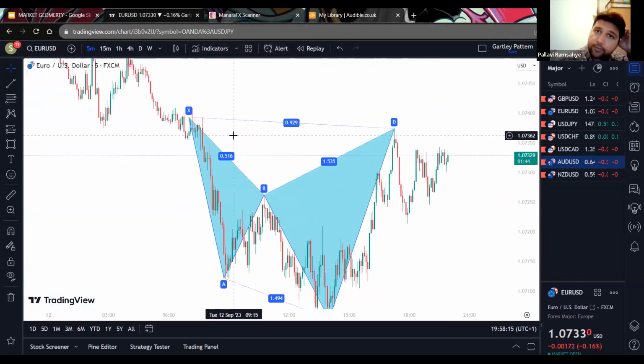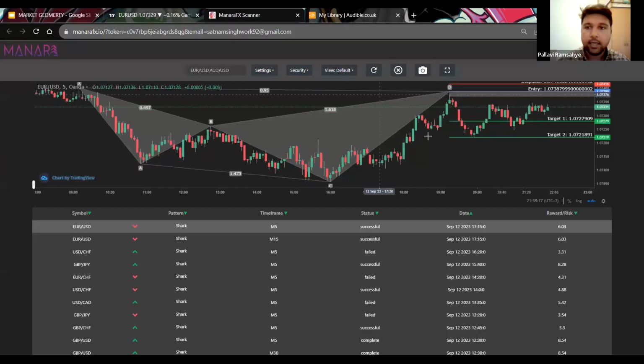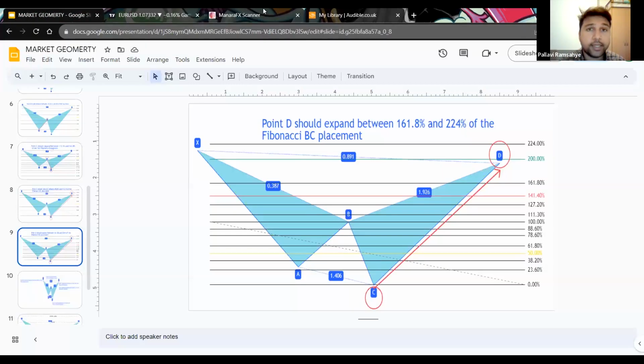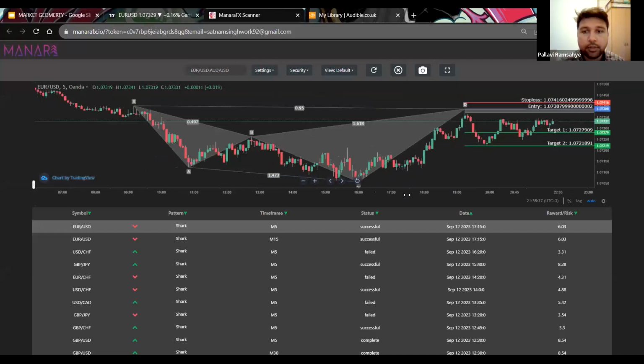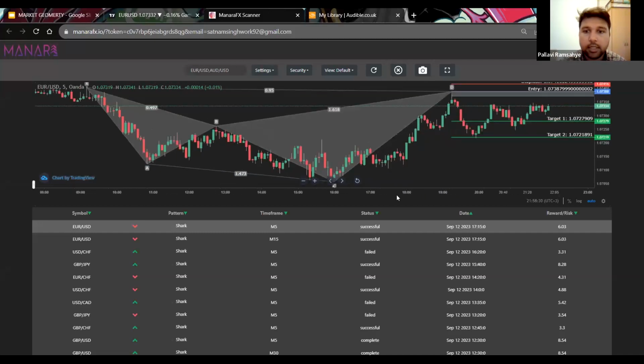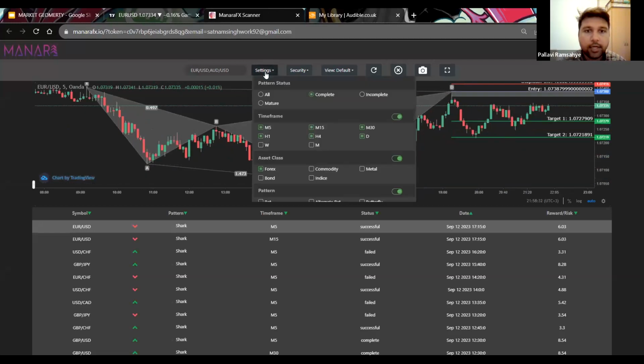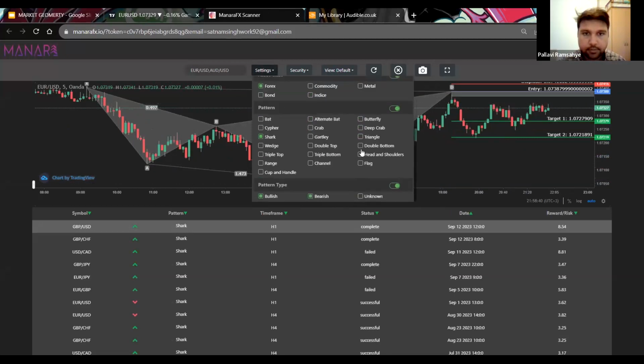Well, I appreciate everybody for joining the session today. Next session, we're going to be going through the alternate patterns. And then I can also go through the Manara scanner with everybody. What we can do is look at some higher time frame patterns and some of the favorite patterns, but we can also look at butterfly and Gartley.